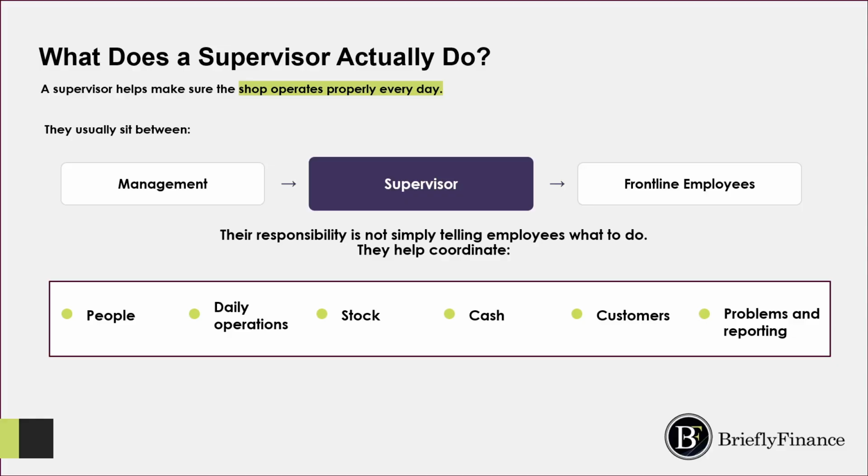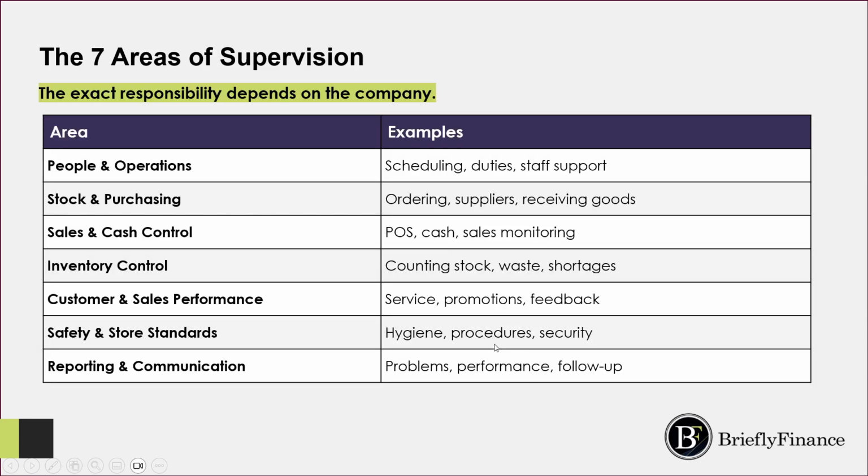A supervisor is in the middle between the management and the employees. He will be in the branch, he will support the team, and he will do these several activities. We will cover them later in detail. So these are the seven areas.